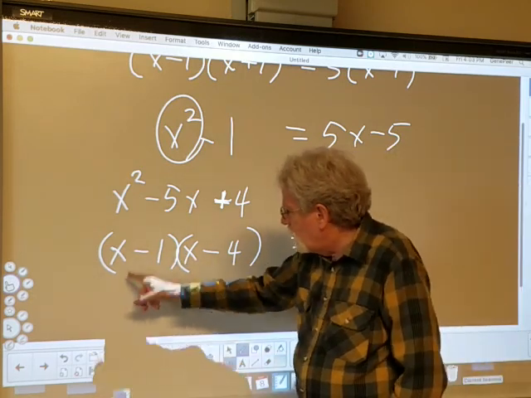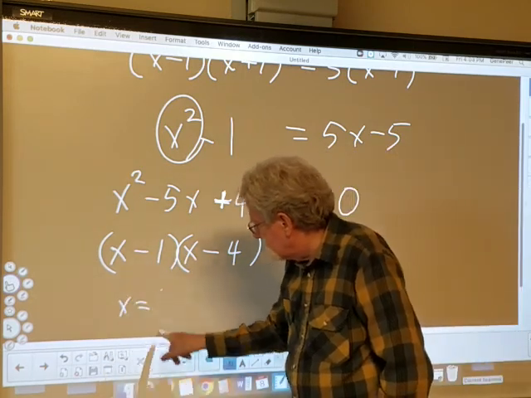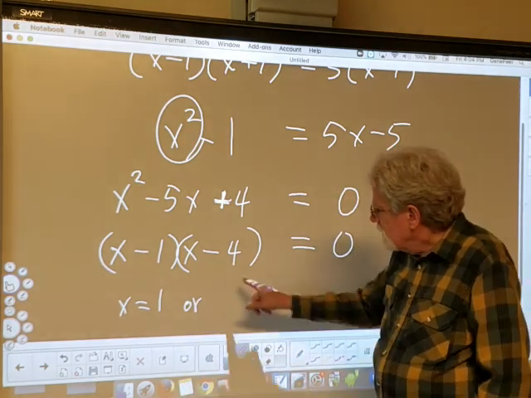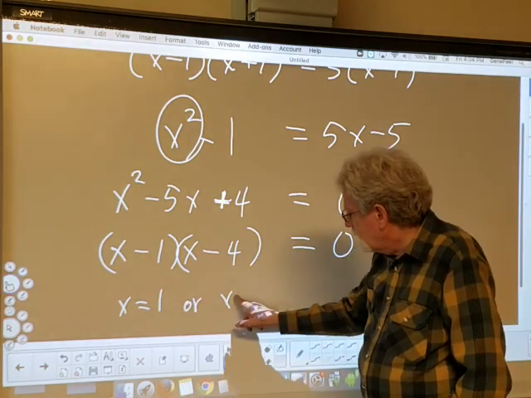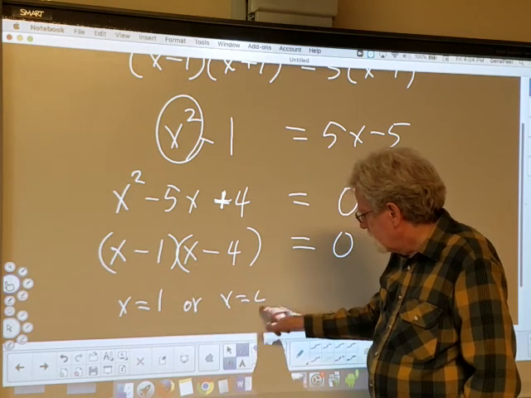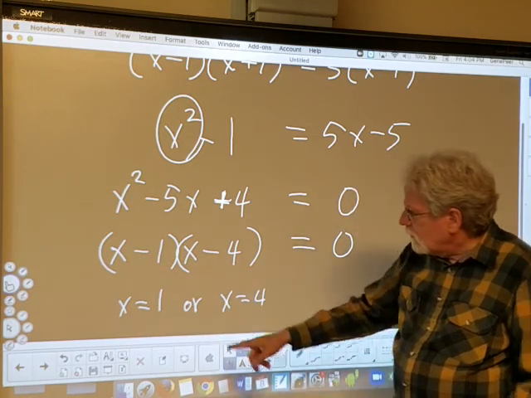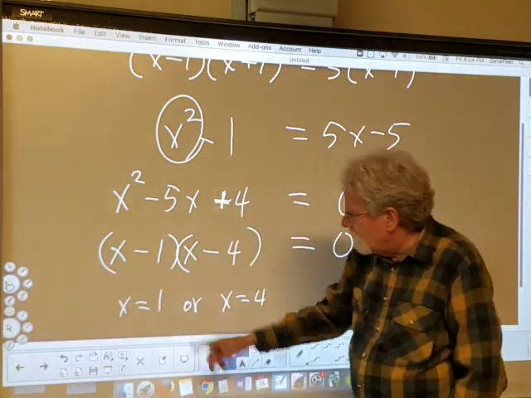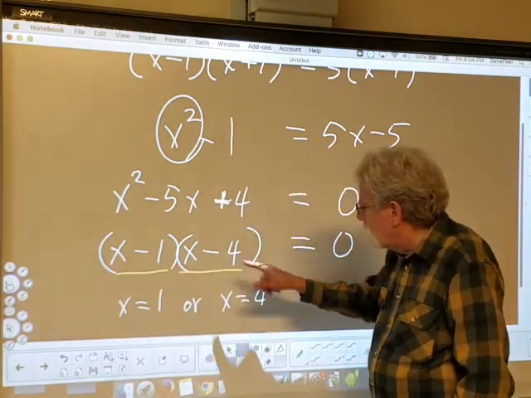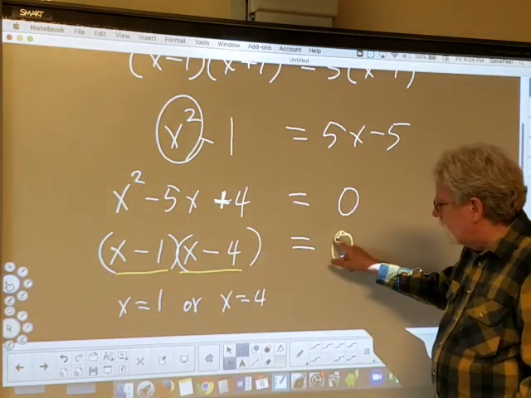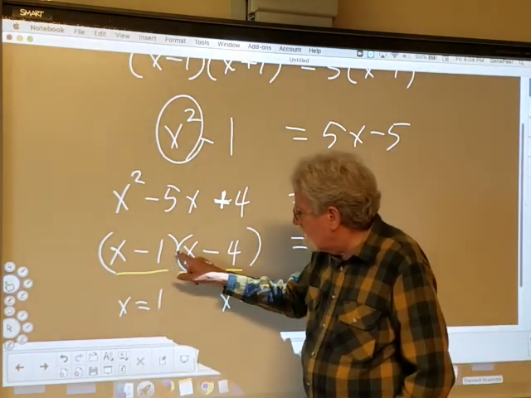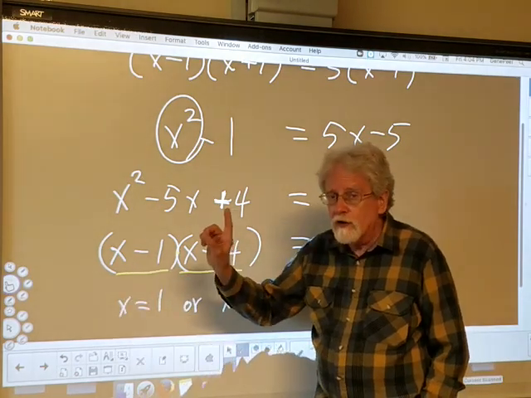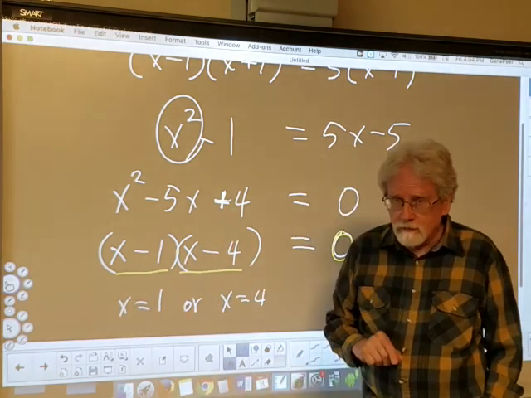Our solutions are x is +1, or, by the way, I should use the word or, x is +4. Why do we pick these two numbers? Because, this is a review of something from a long time ago, the only way two numbers can multiply to give 0 is if one of them is 0 or the other one is 0.